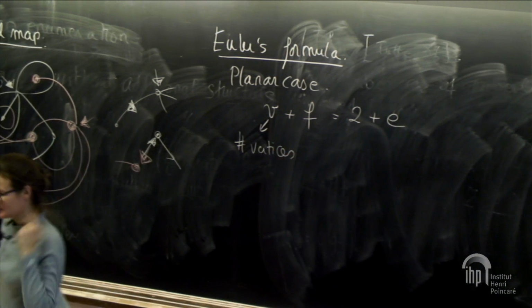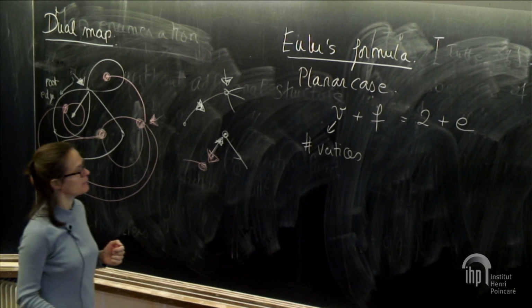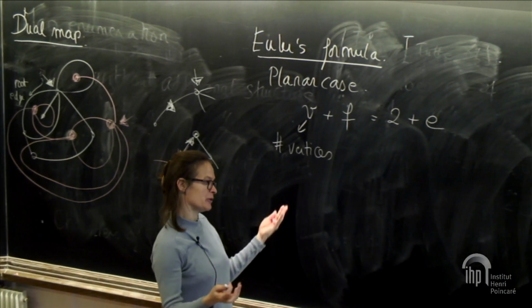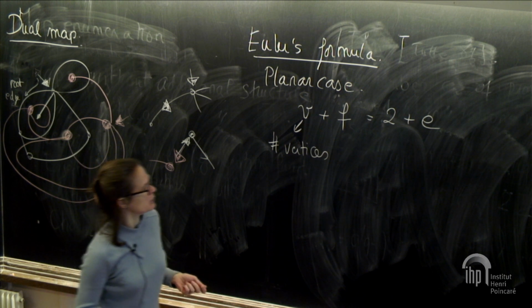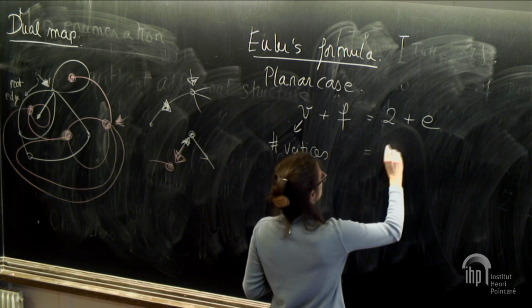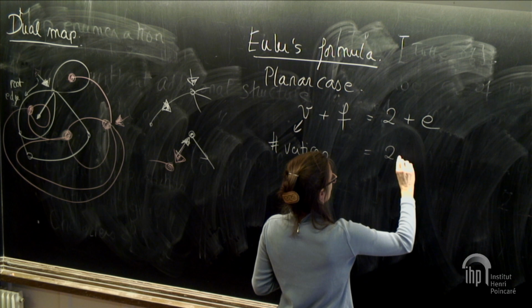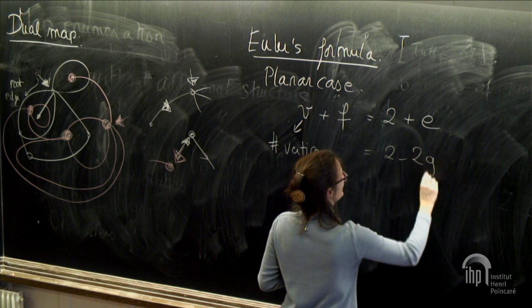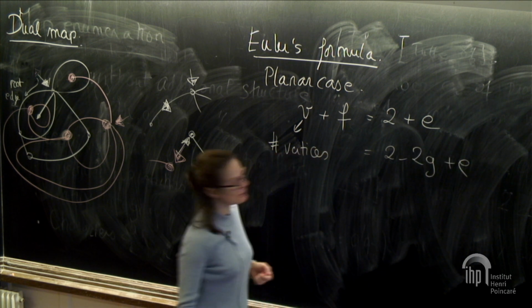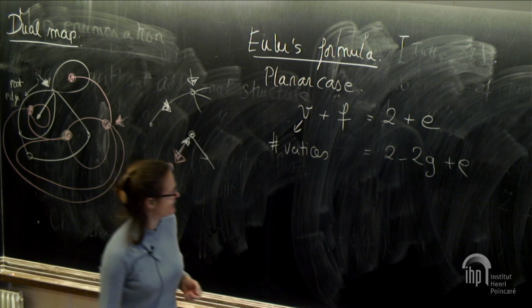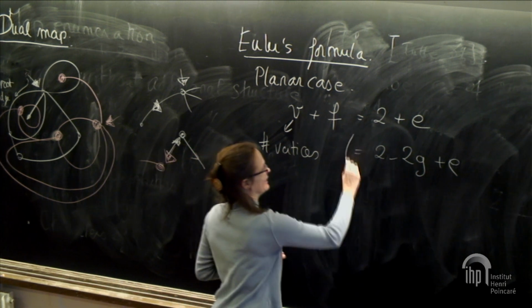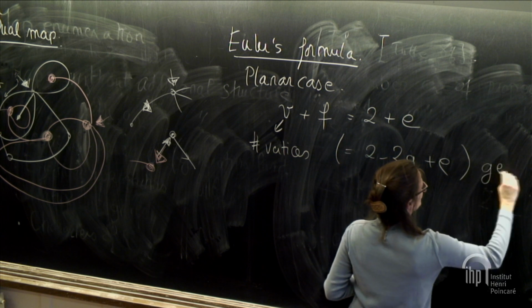Okay. And in general, so we've not defined maps on a general surface, but in general it's 2 minus 2g. So suddenly I have a doubt. C'est bien ça. Thank you. So this would be the formula in genus g.